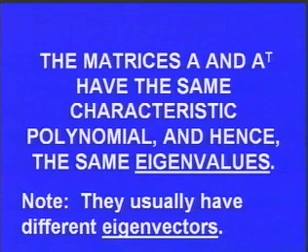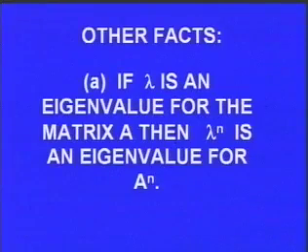However, they usually are going to have different eigenvectors. So same eigenvalues for A and A transpose, but different eigenvectors. All right, some other facts in this section. If lambda is an eigenvalue for the matrix A, then lambda to the n power is an eigenvalue for A to the n power.